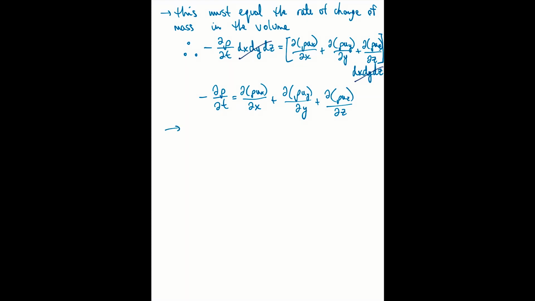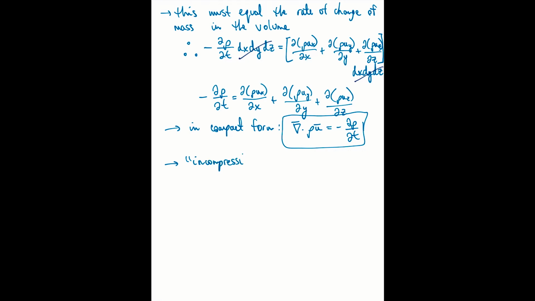So again, we'll do like we did before. In compact form, just because this might help us to recognize it and also to work with it. The vectors there. Okay. We will write out our incompressible version of this because, of course, as engineers, that's a simplification we make all the time.